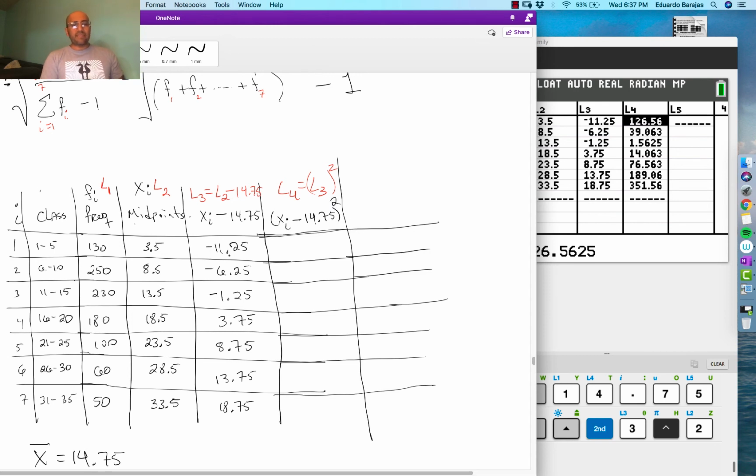So the minus 11.25 squared is going to be equal to 126.56. And the minus 6.25 squared, that's equal to 39.063. And then 1.5625.